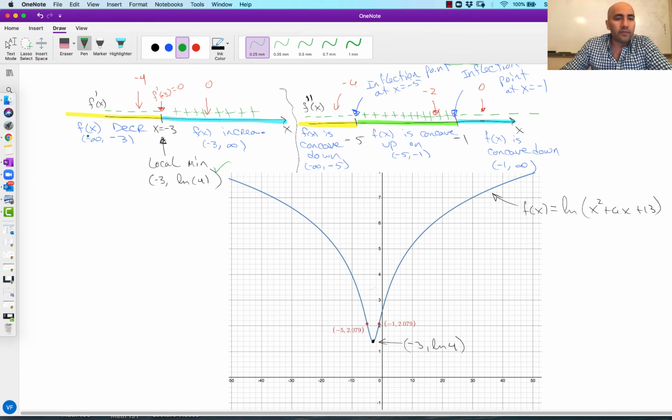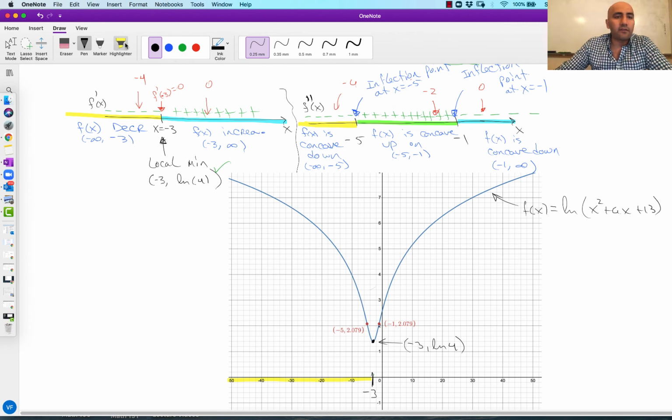We can confirm that the function is decreasing on the interval from negative infinity up through -3. F of x is decreasing.